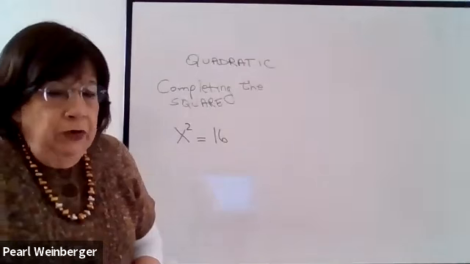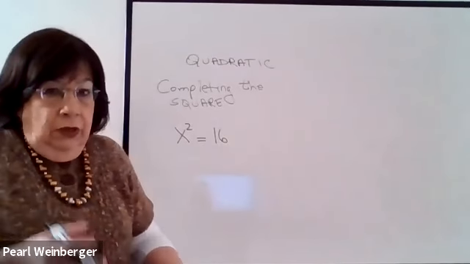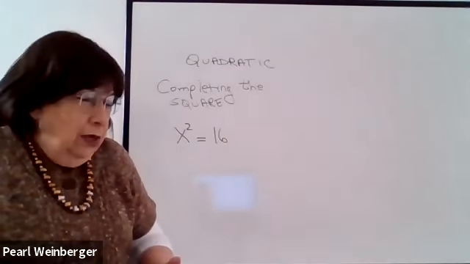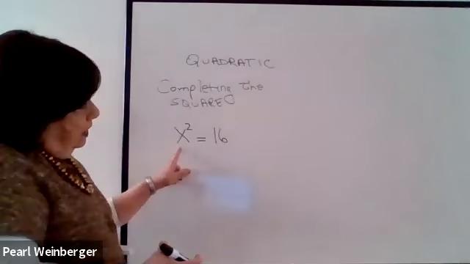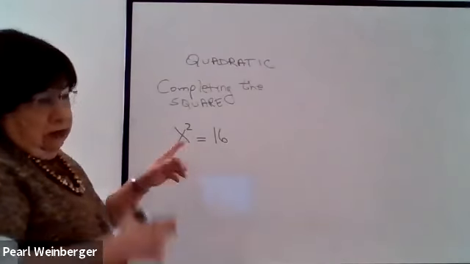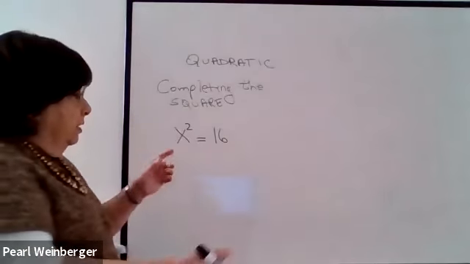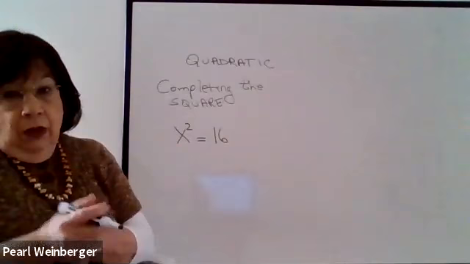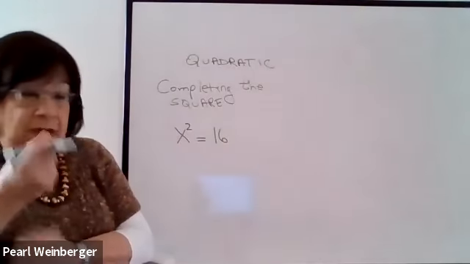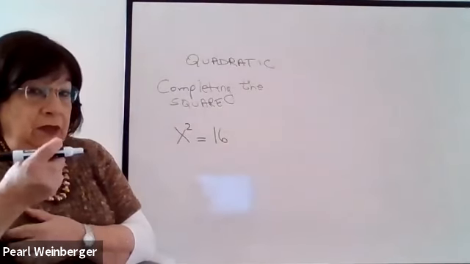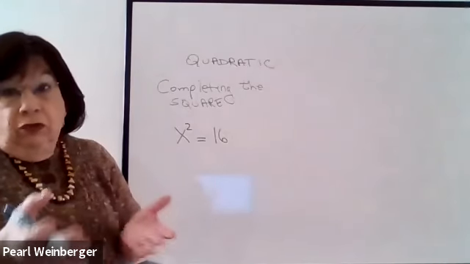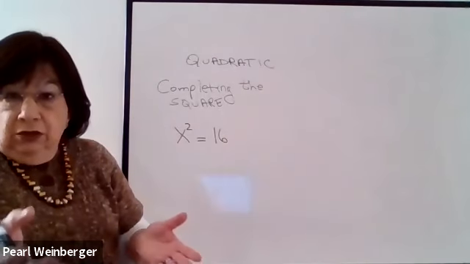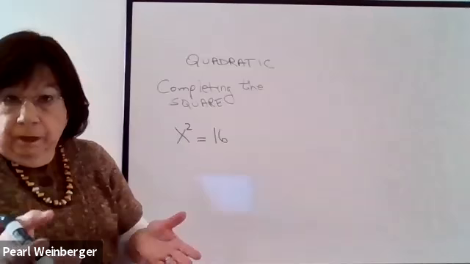You could almost figure out the answer here by just looking at it. Because what it's saying is that I have this number x, my variable is x, I don't know what it is, but when I square it, it gives me 16. So it seems to make sense that my answer should be the square root of 16, which is 4.